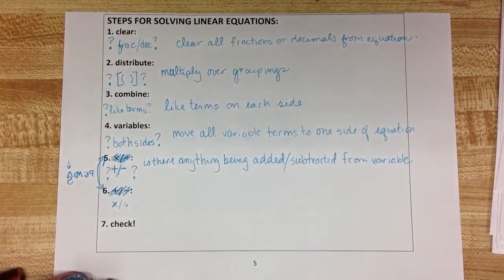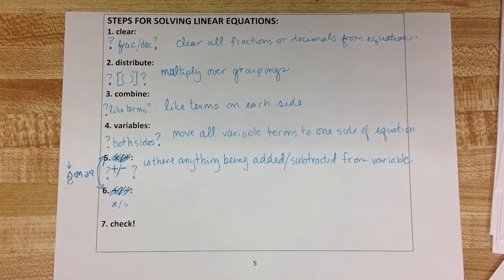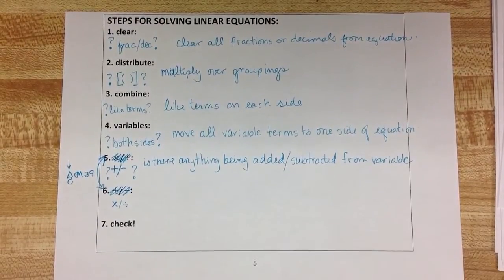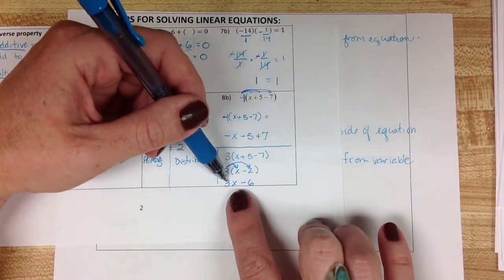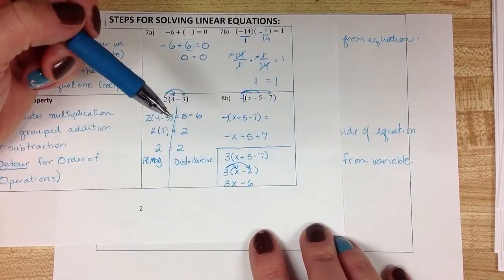So if we look at the expression that we had in the distribution one, there we go. So in this expression, we have a 6 that's getting subtracted from the x.